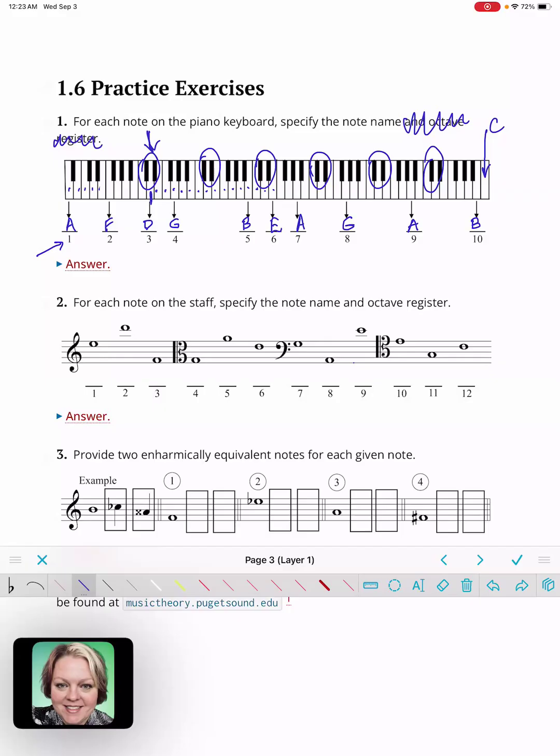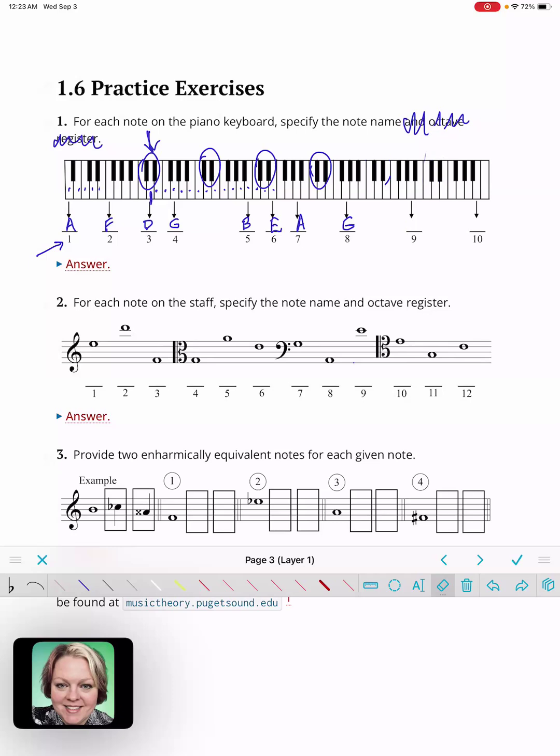Something super important to know for the quizzes is that you will not get a picture of the keyboard with the entire 88 keys, mostly because it's super small, which makes it hard to see. You'll get a cross section of a keyboard.